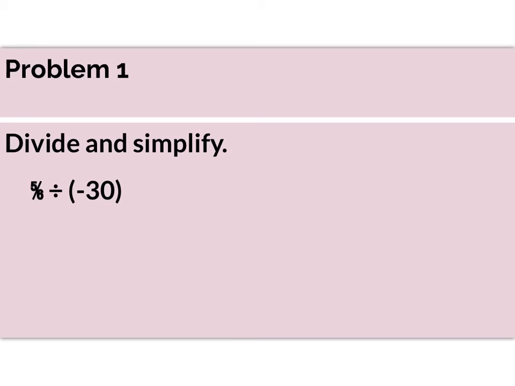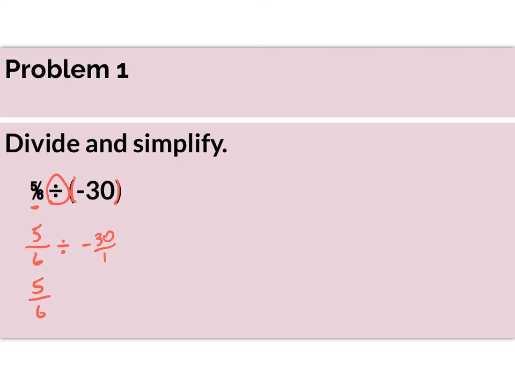Okay, now look at this one. We have a parentheses here, but we have a division in between the number and the parentheses. So we know we're not multiplying. So 5/6 divided by negative 30. And we know we have to put the 30 over 1. And now we have to redo the second half.